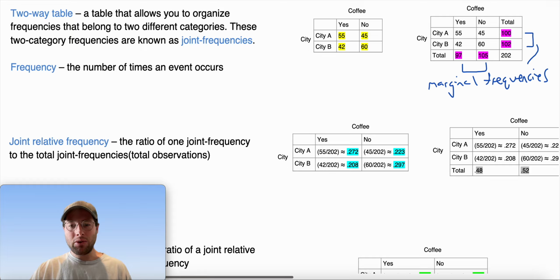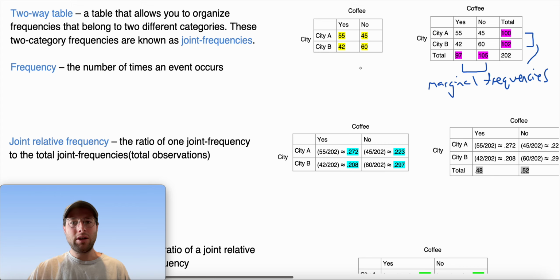And that's what we're doing to get each of these highlighted values in this new table. So the second one, 45 divided by 202, and then 42 divided by 202, and 60 divided by 202. And then the highlighted values are our joint relative frequencies.